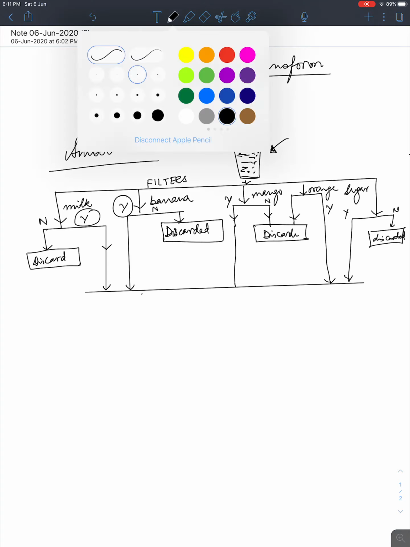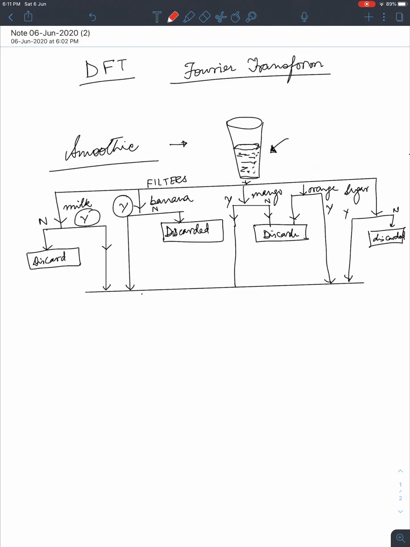So let's see, in this particular case of a smoothie, the milk is a yes. So we have milk in there, so milk goes in there. Do we have banana? Let's say we do have banana, so banana also goes into my smoothie. Do you have mango? Our filter said that the mango is there. Yes, so the mango also went in there. Was there any orange? No, there was no orange.